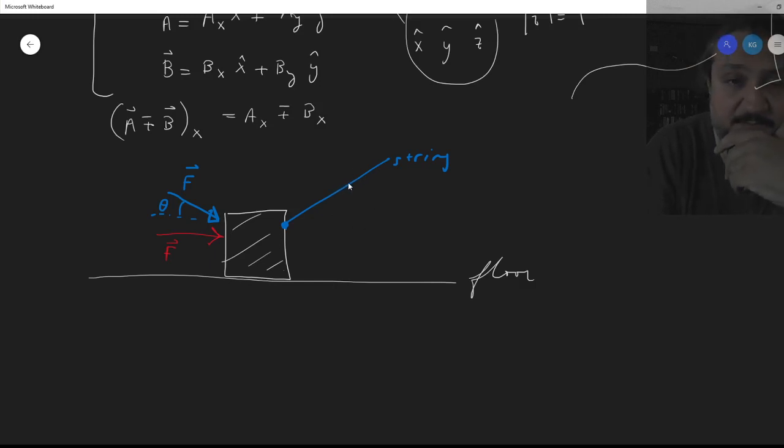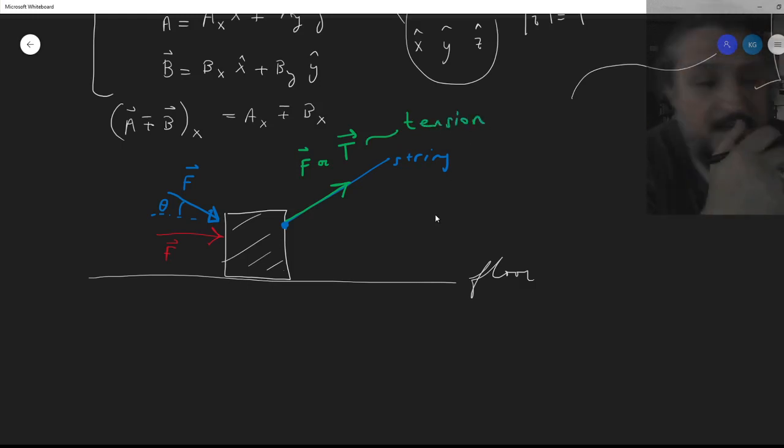So I could put my arrow here, right there. Now this is the force inside the string or rope, but it's still a force, all right? Call it F. Or, since it's tension, use a capital T and put the arrow again. T for tension. It's still a force after all, right?